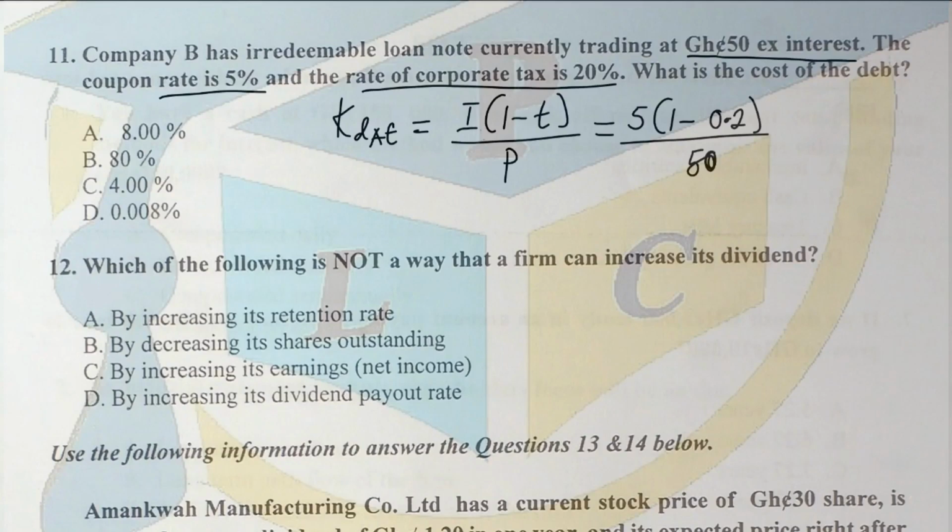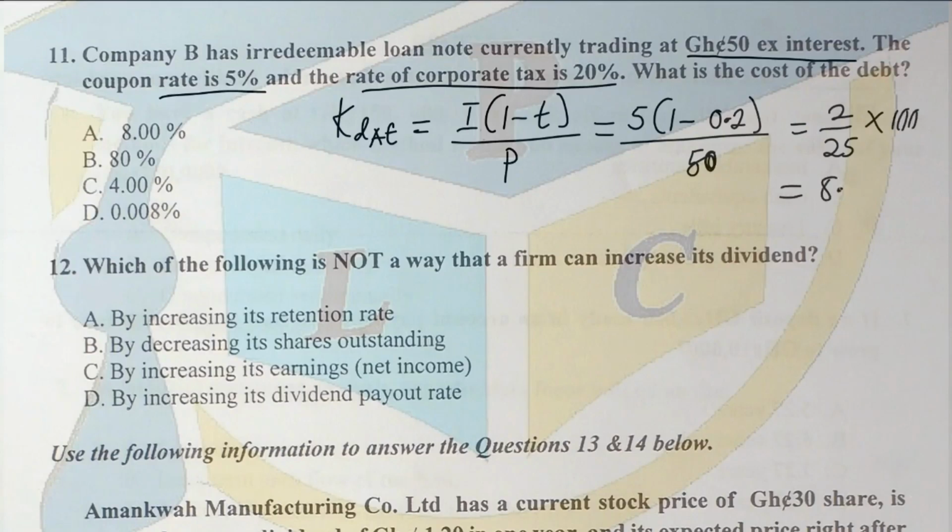So at the end of the day, when you compute this, you're going to get 2 out of 25. But cost of debt is always expressed in percentage form, so you multiply by 100%. Whatever you get, you should be able to get around 8%.